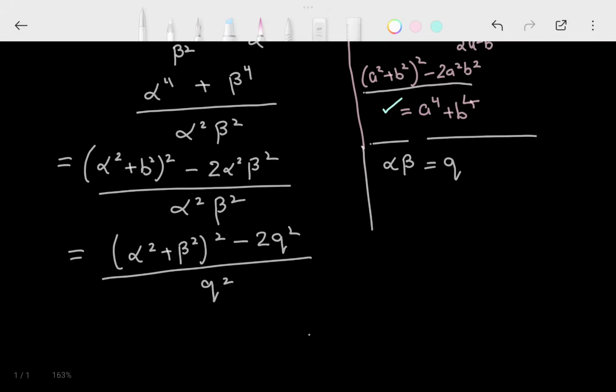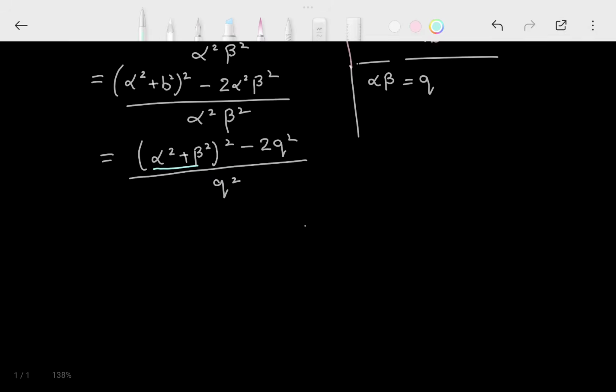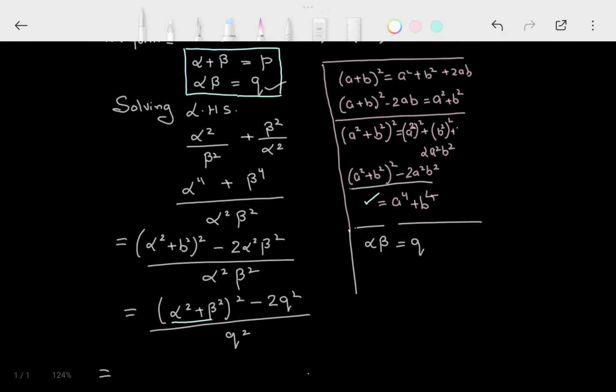In the next part, we'll again open this identity, this part, using the formula a plus b whole square. Okay, now let's write down. This can be understood with this identity.